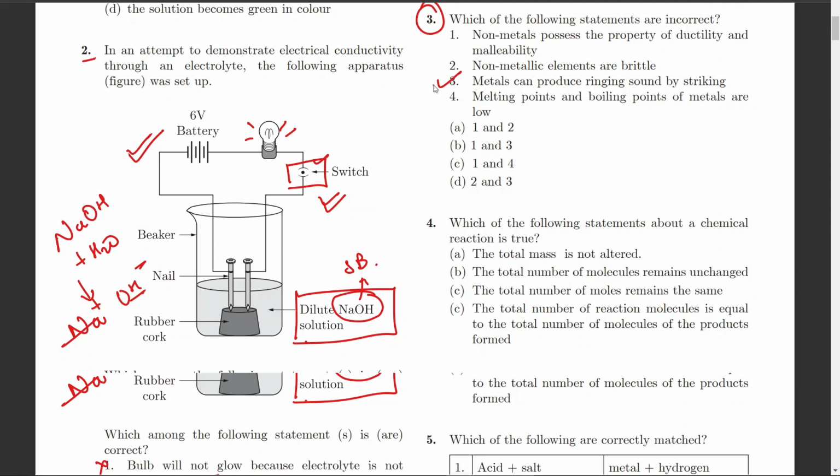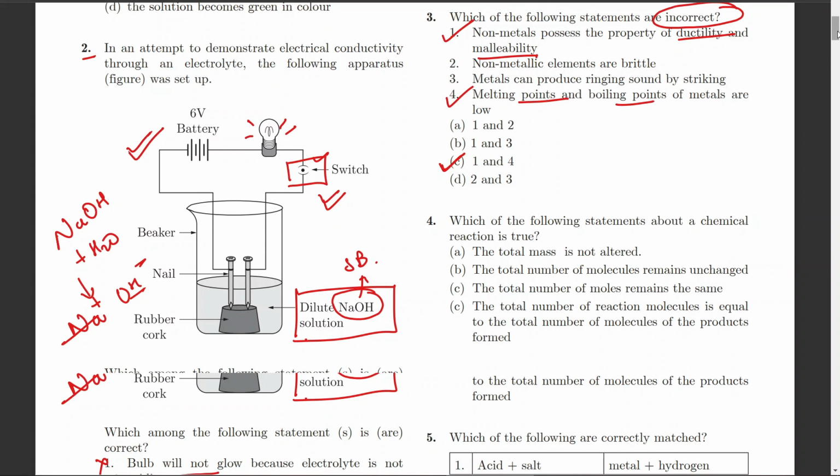That means they produce ringing sound by striking. Correct. Also, we know that non-metallic elements, that means non-metals, are brittle. They are not ductile, they are not malleable, they are brittle. So, part 2 and part 3 are correct. So therefore, option C is the correct one. That means you had to select the incorrect options.